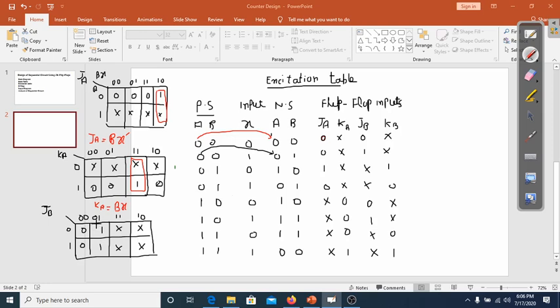Now I can simplify this Karnaugh map. After simplifying, you can see these 4 cells are adjacent. Now after simplifying this, this column will vanish, and this B complement will cancel with the B, so the JB is equal to X.